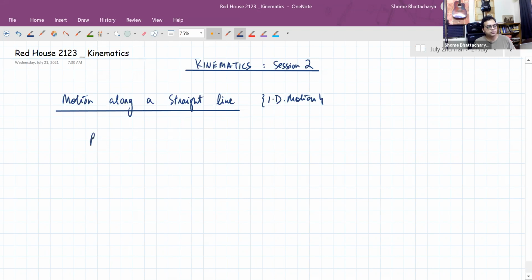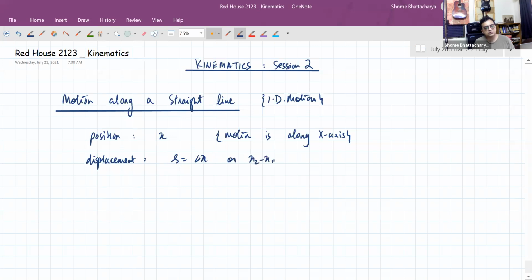So here we saw that position can be just expressed as a coordinate, assuming that the motion is along the x-axis. If we, for whatever reason, select the axis as something else like the y or z axis, then that particular coordinate will become position. So displacement S becomes the change in position, or x2 minus x1, whatever, final minus initial position.